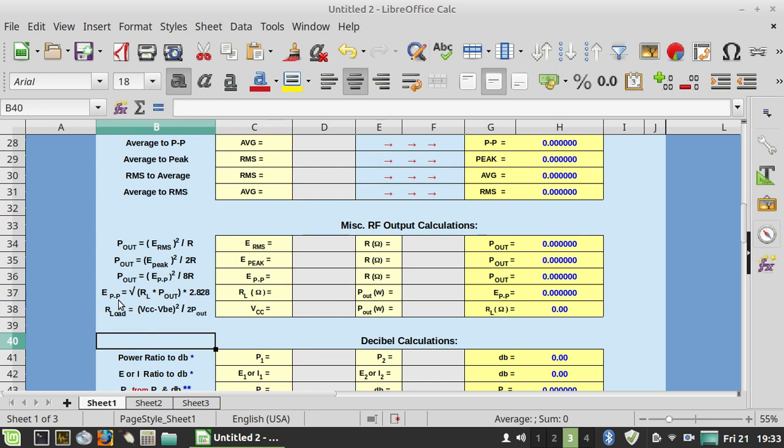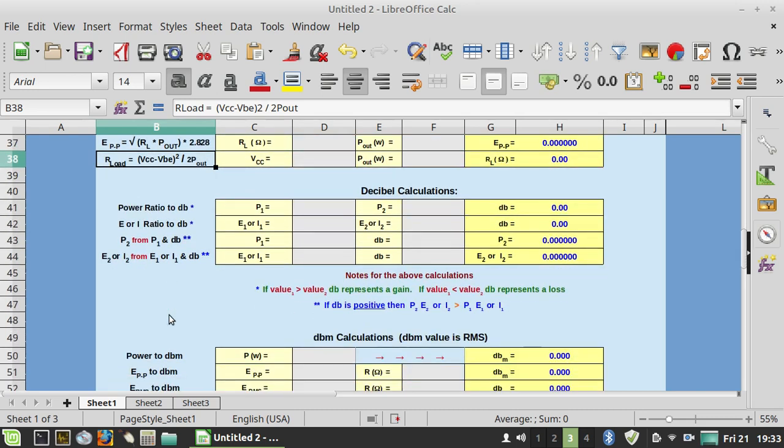This one will calculate peak to peak voltage given load resistance and power output. This one will calculate my load impedance, my load resistance, if you will, in an output collector, in an output stage using a bipolar NPN transistor, because it takes into account the base to emitter voltage drop. That's why I wrote that section into it.